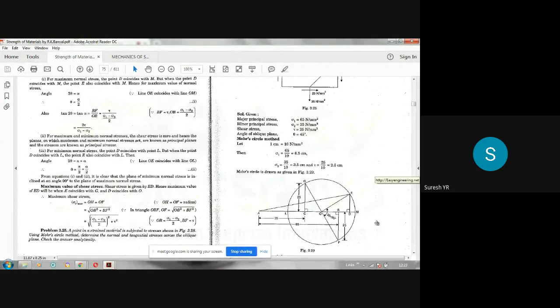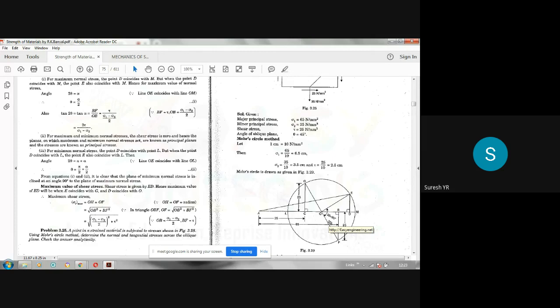Next, to find the principal planes, you have to measure this angle. Whatever angle is made by this line GF with the horizontal, you have to measure. That angle will be 2 theta. So you measure that angle, divide it by 2.